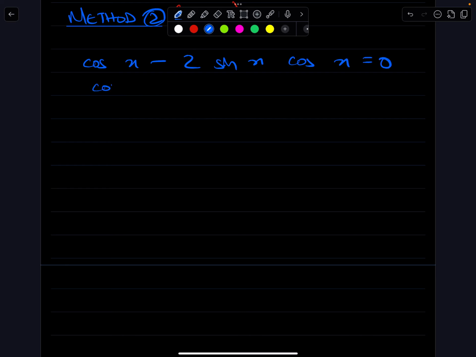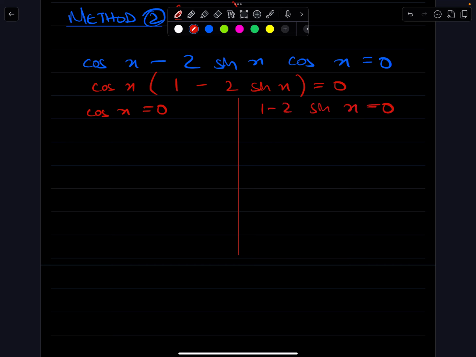Instead of cancellation, I'll just take cos x common. I'll do this with red, and we have 1 minus 2 sine x is equal to 0. Then I'll simply equate both cos x to 0 and 1 minus 2 sine x to 0. Simplifying would again give me sine x is equal to half.